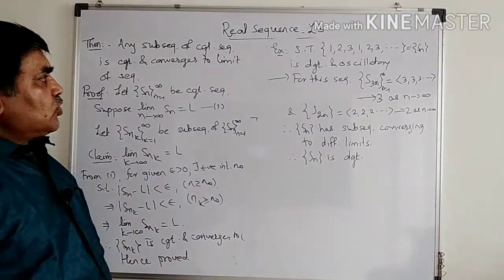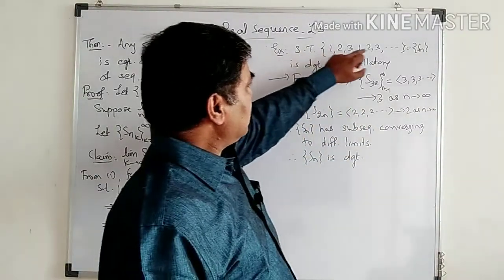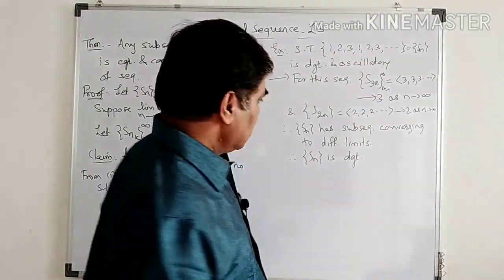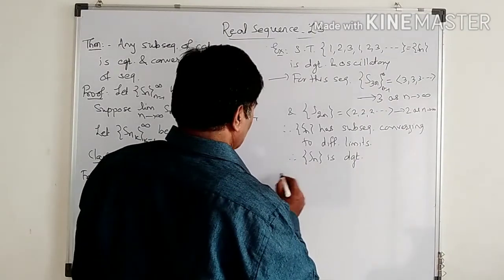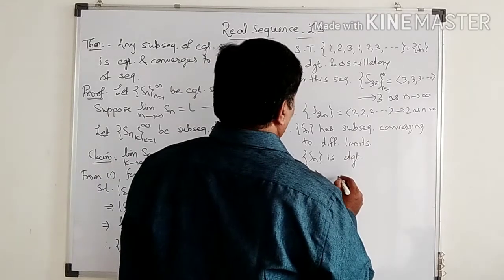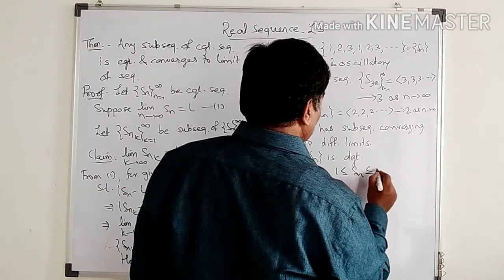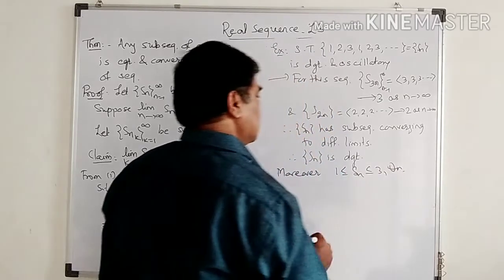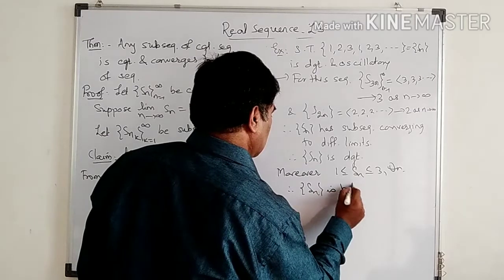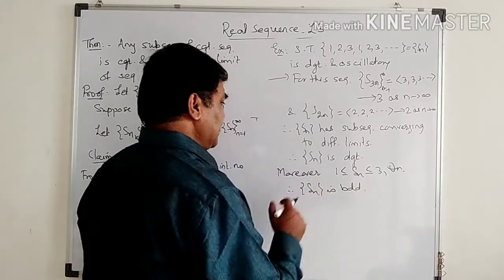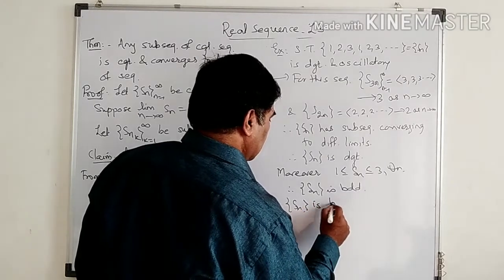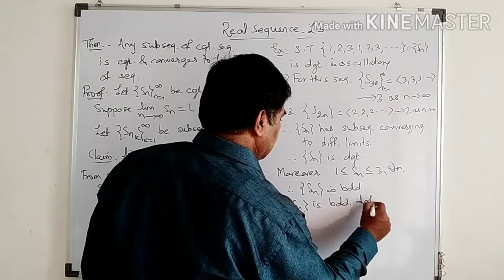Now, why is it oscillatory? Clearly Sn doesn't go to infinity. Moreover, 1 less or equal Sn less or equal 3 for all n, and therefore Sn is bounded. So Sn is a bounded divergent sequence.